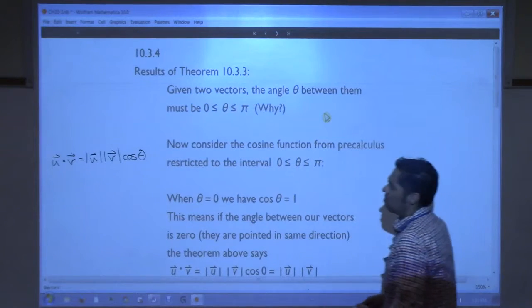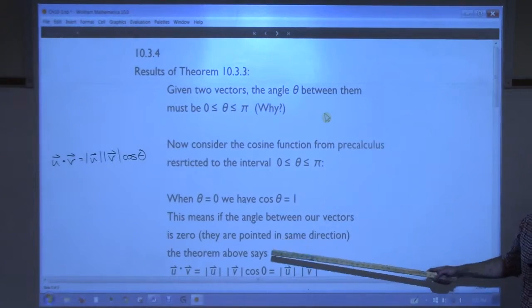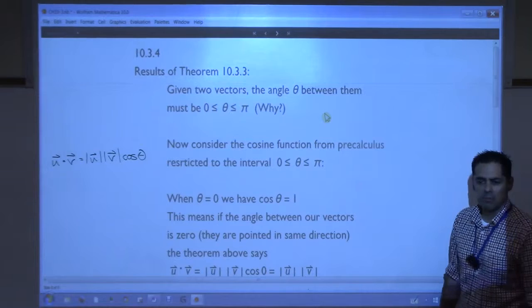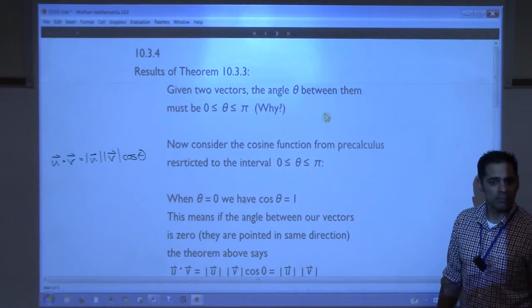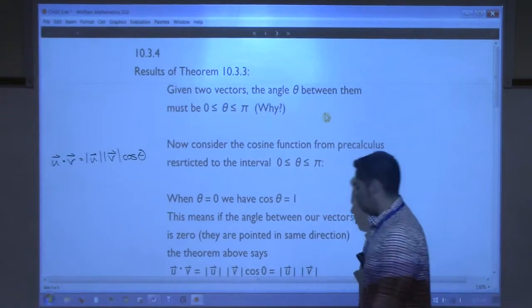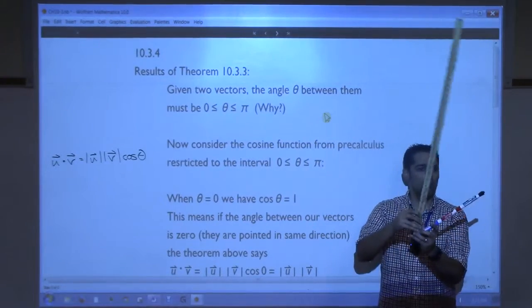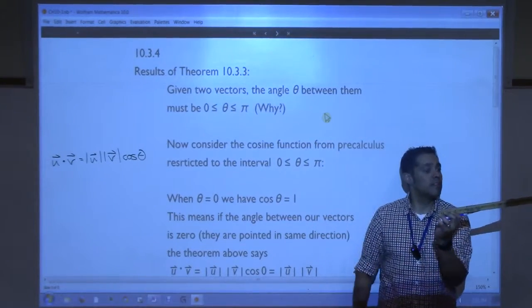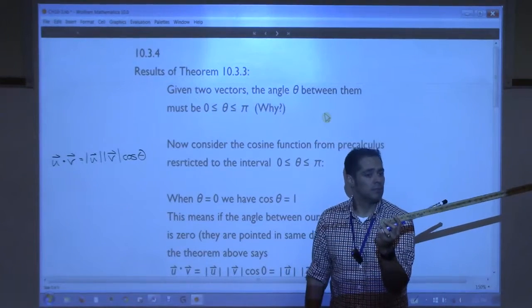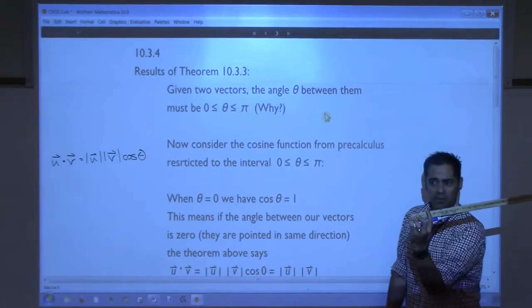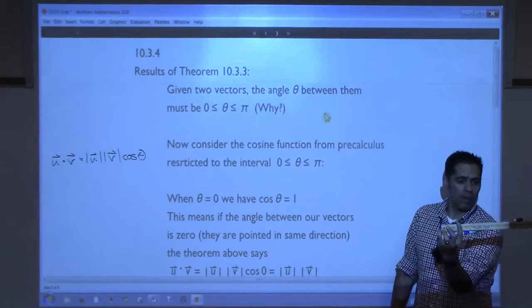Think about cosine theta from pre-cal. If theta is 0, cosine is 1? Yeah? So if the angle between the two vectors is 0, what does the dot product represent?